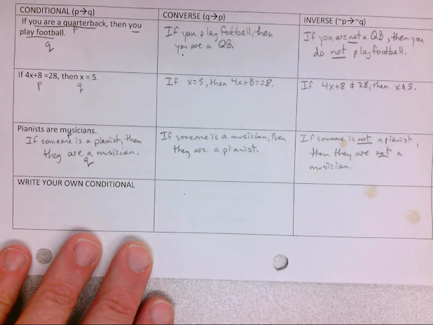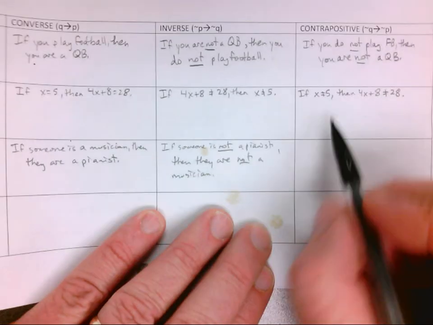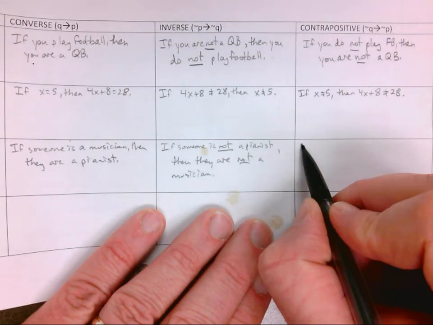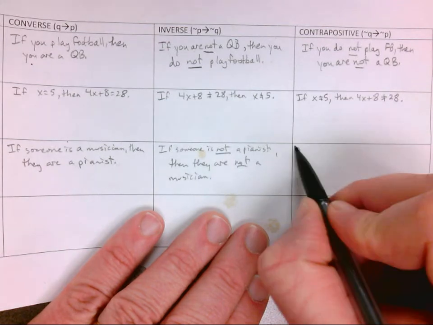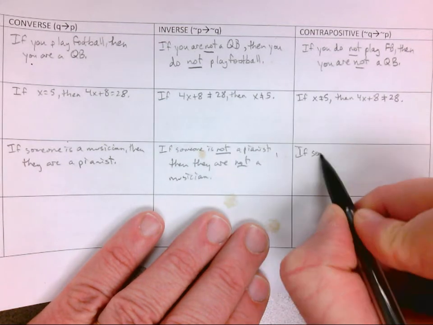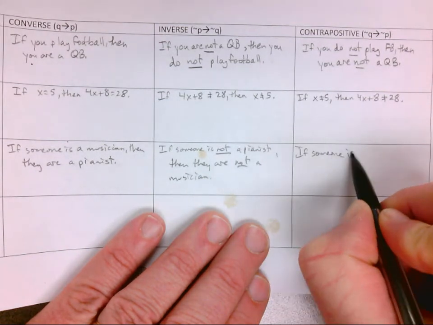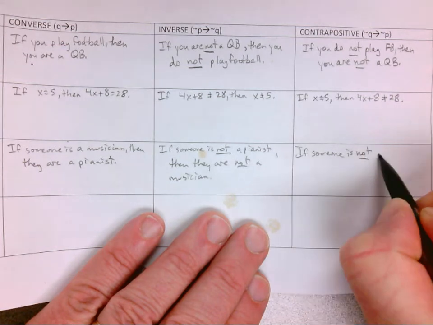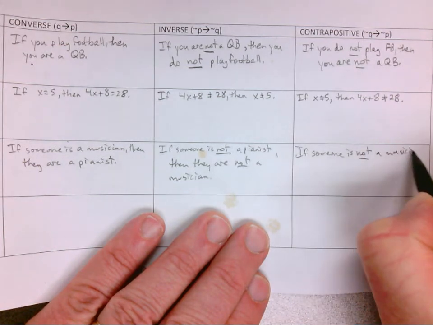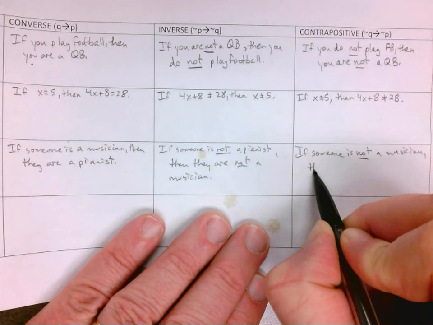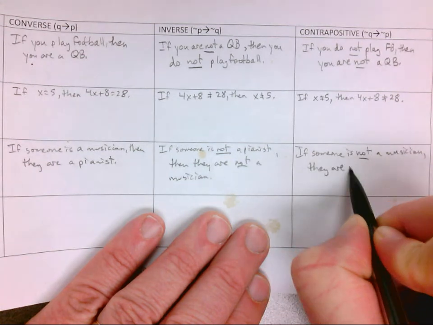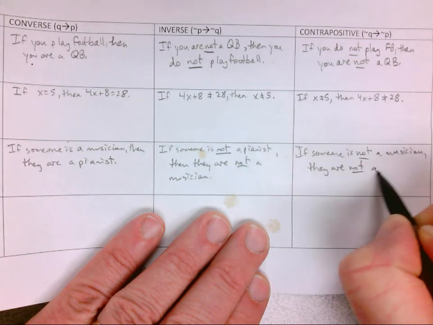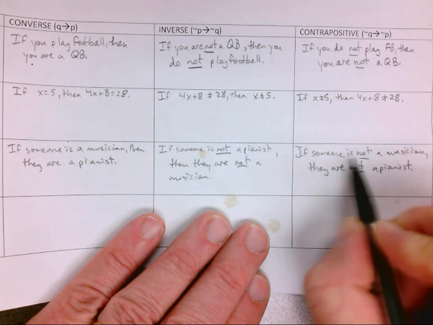And then we do the contrapositive, which is the inverse of this statement. If someone is not a musician, then they are not a pianist, which is a true statement, because if you're not a musician, you can't be a pianist. If you're a pianist, you're a musician.